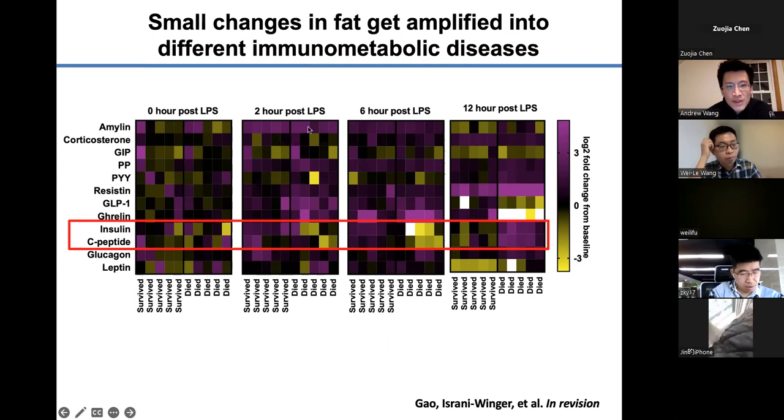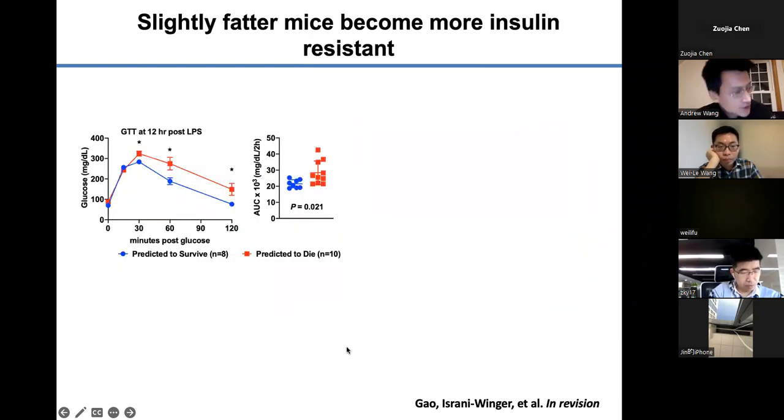And what we found was that as early as 2 hours after LPS, you could start to see that the mice that died ended up making a lot more insulin in their circulation, and also one of the products of insulin metabolism, C-peptide, was different between the mice. And so it led us to think that perhaps the slightly fatter mice were more insulin resistant after we gave them LPS.